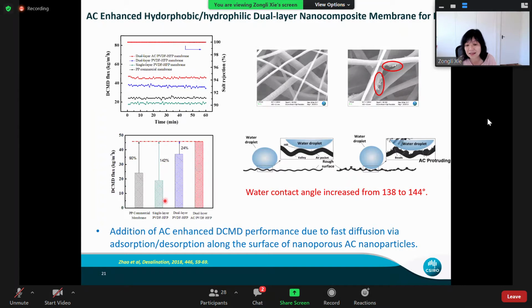The single layer just fits what we expected. Because of the enhanced thermal efficiency and minimized mass transfer resistance, we are able to achieve the enhanced water flux.